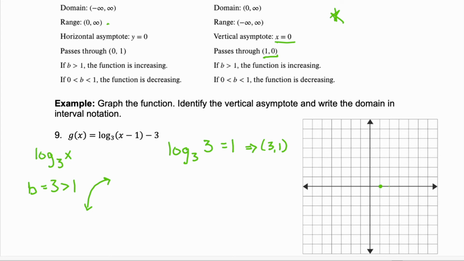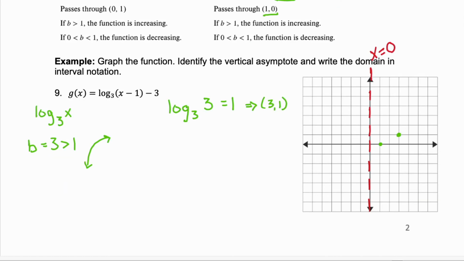So we can plot that. To also help us graph, we want our vertical asymptote. Our vertical asymptote is x equals 0 for our basic log functions. Let's connect those dots. We know that our left side is going to approach that vertical asymptote, and we have our right-hand side. So we'll label this as log base 3 of x.